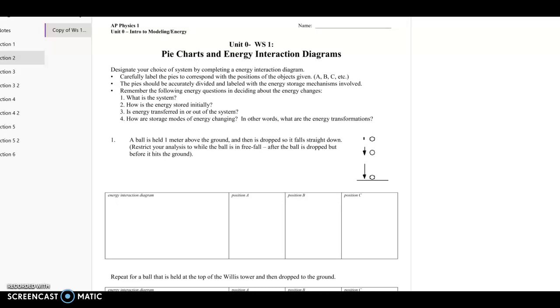It's important for you to remember that in order for something to have gravitational potential energy, which is EG or UG, we said that that was dependent on mass, right? Height and gravitational field strength.